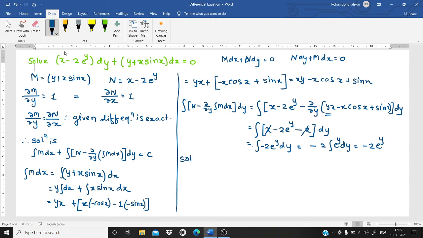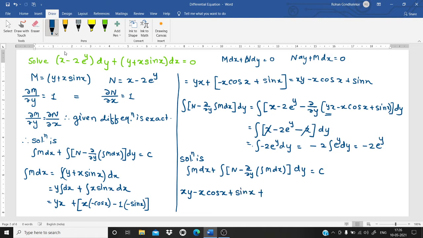So therefore the solution is, we'll write the formula again: integral M dx plus integral of N minus del by del y of integral M dx, integration with respect to y, is equal to c. So what is integral M dx? We already calculated: xy minus x cos x plus sin x.